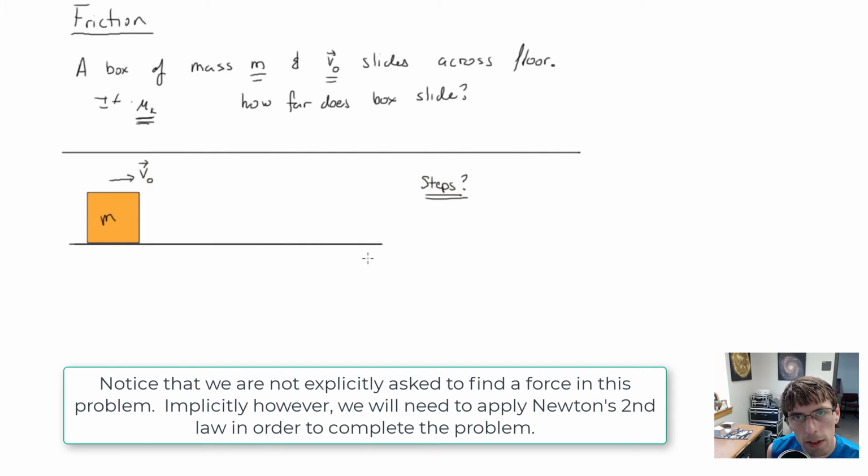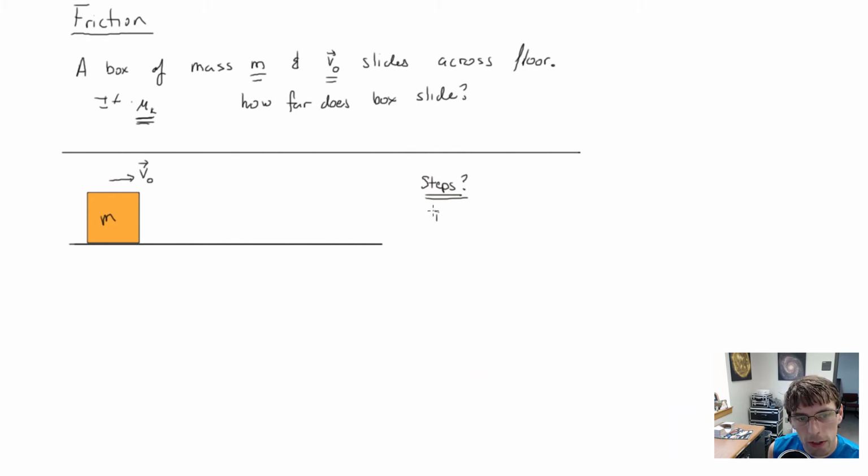And hopefully you see that we're actually going to use 2 steps for this situation. Let me plan this out for you. The first step is we need to find the acceleration of the box. Once we have the acceleration of the box, how does that help us with finding the distance?